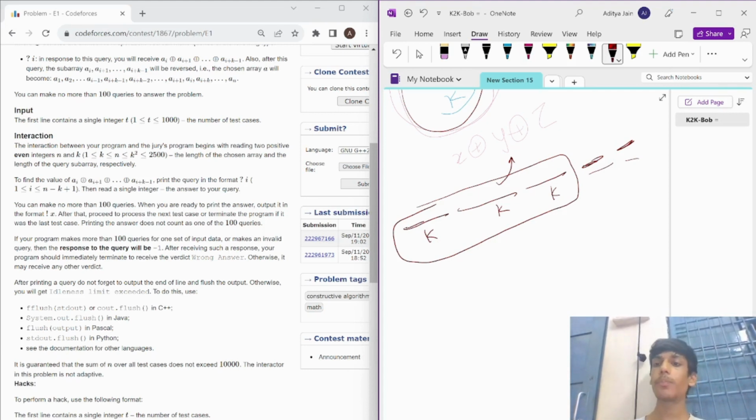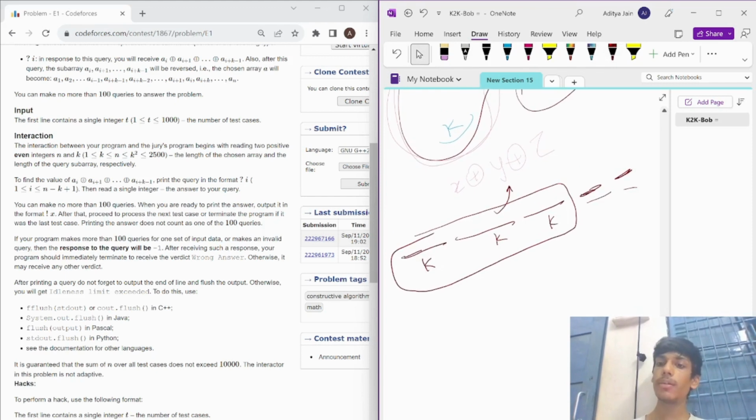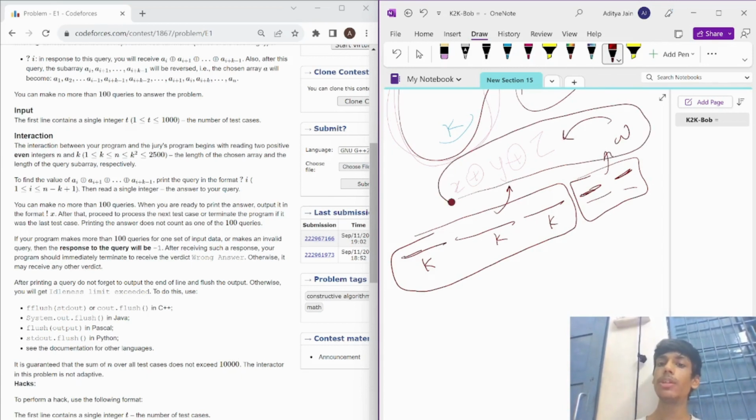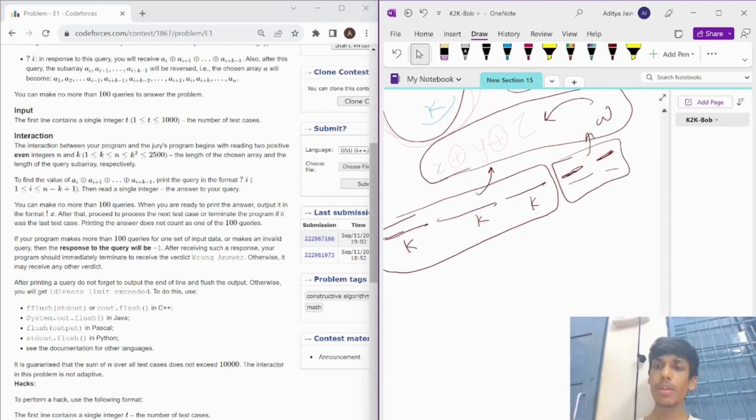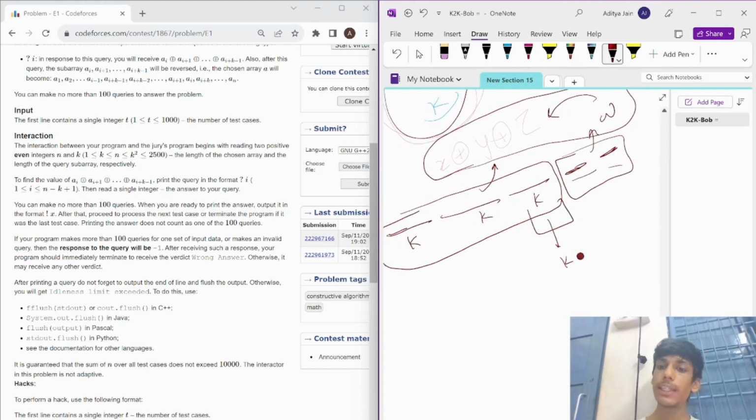I have to calculate the XOR of these numbers. Suppose the XOR of these numbers is w. I'll combine these, taking the XOR of all these four numbers to get the XOR of the entire array. So how do we find this w? Let's discuss that. Consider k minus 1 elements of this segment and 1 element of this array.